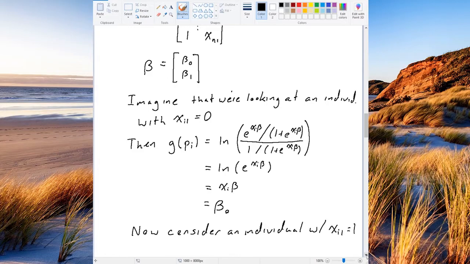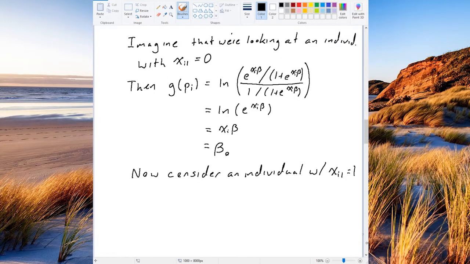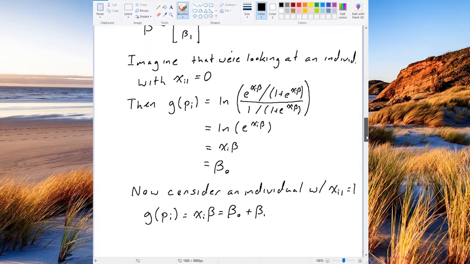So now let's look at an individual with xi1 equals 1. G of pi is again going to be xi beta, which is now beta 0 plus beta 1. Okay, so before I do the next bit, let's stop and talk about where we are.